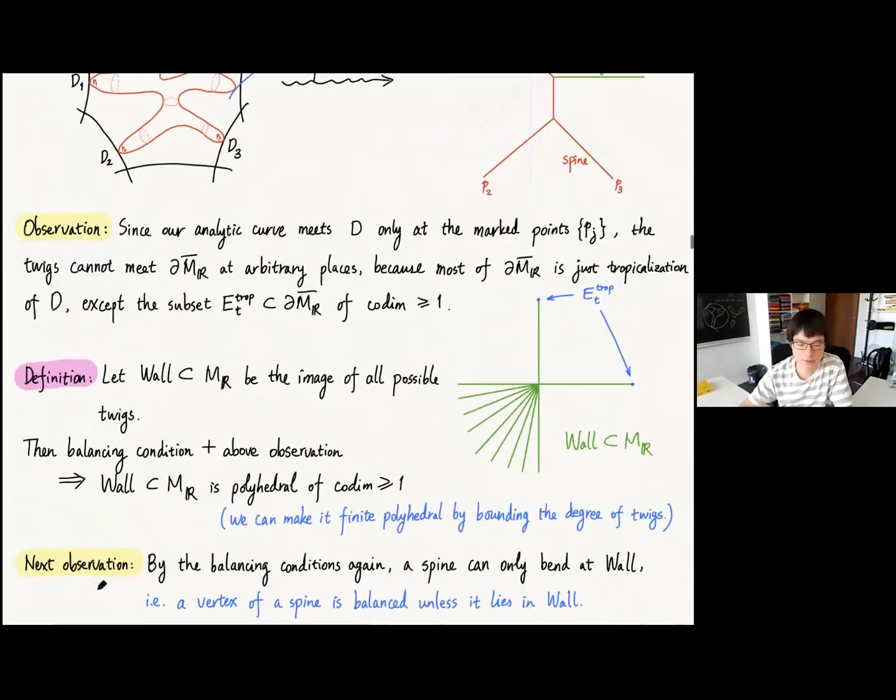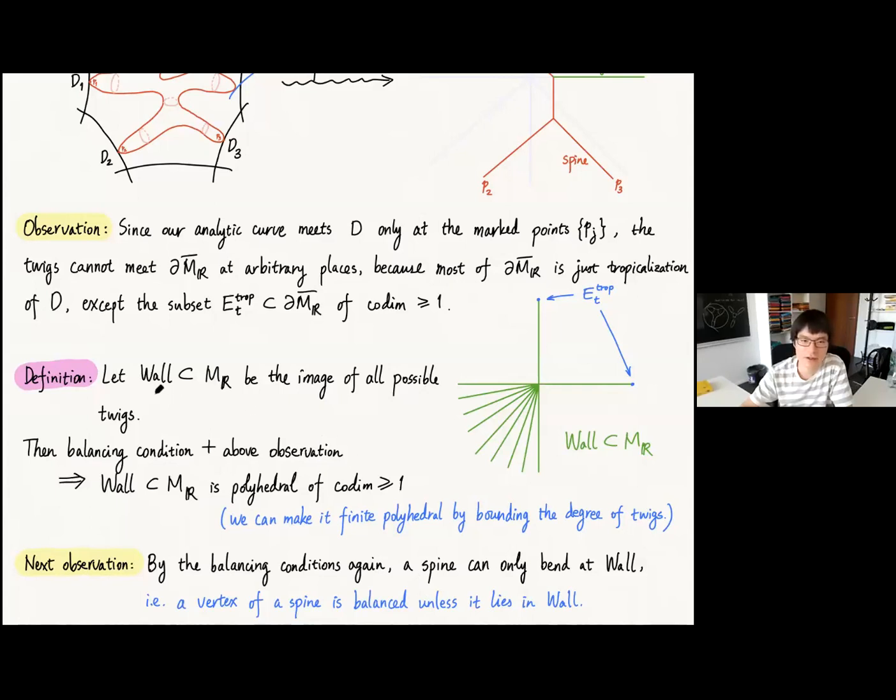Next observation, by the balancing condition again, a spine can only bend at wall. That is, a vertex of a spine is balanced unless it lies in the wall. Because if a vertex of spine is not balanced, then there must be some twigs attached to this vertex.